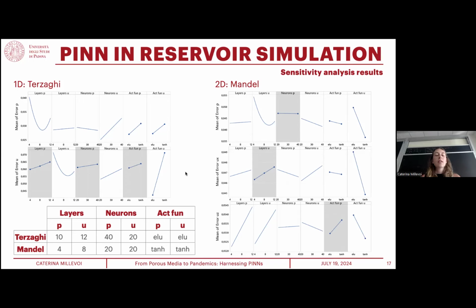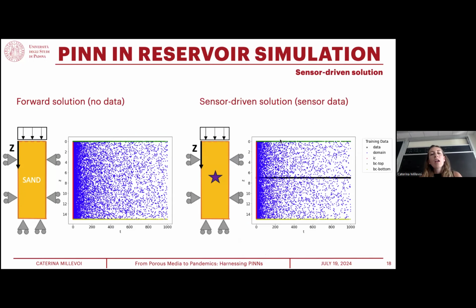and we found the architectures that corresponded to the lowest errors. As you can see from the table that reports the results, these architectures are not that deep, which is quite good news because the less deep the neural network, the lower the number of parameters to be tuned during the training, which is the trickiest part.